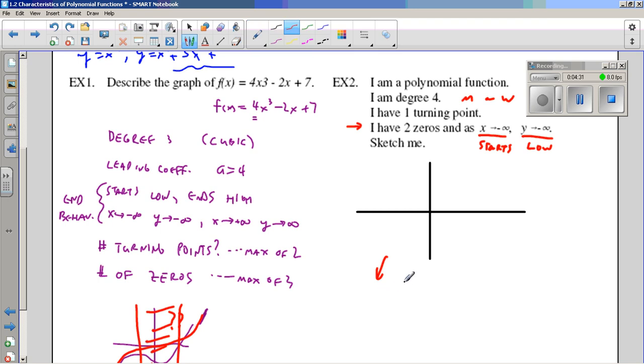It's given to me. Because it's degree 4, though, it starts and ends in the same spot. The odd degree functions would start low and end high. So this one has got to end low as well. Having 2 zeros and 1 turning point, well, how can that be?